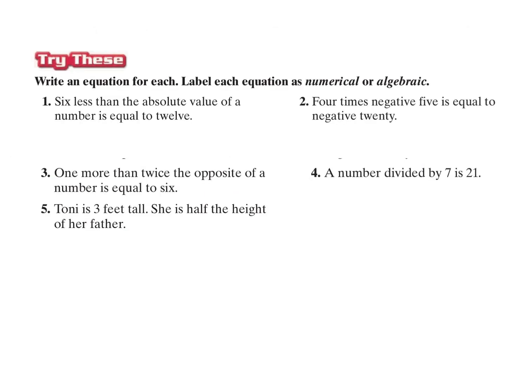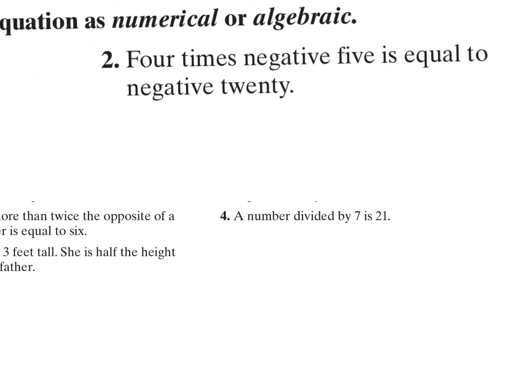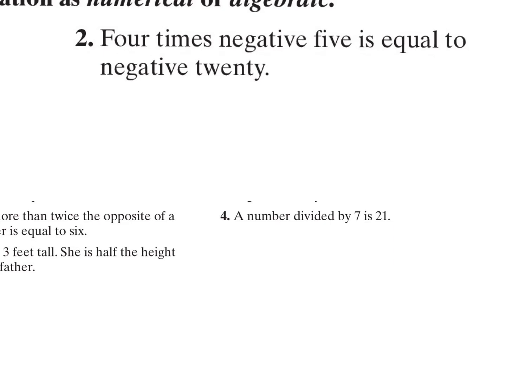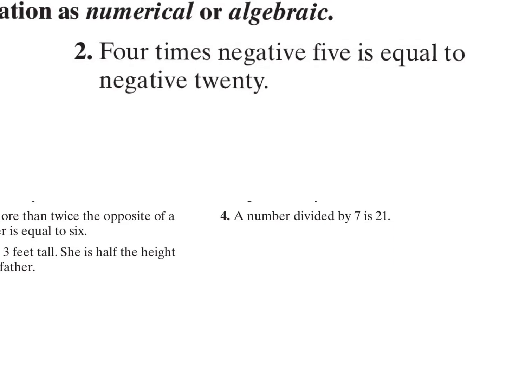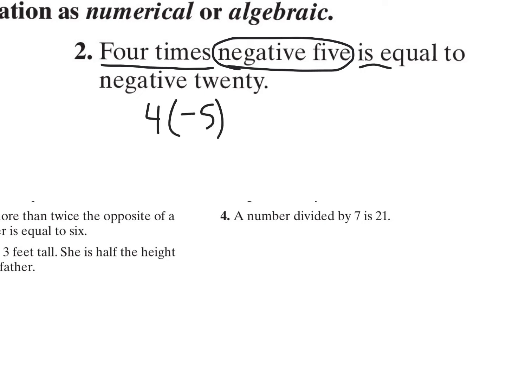So we'll just mention a couple things here just to make sure you guys are good with this. If we look at number 2, they want us to write an equation and tell whether it's numerical or algebraic. 4 times negative 5 is equal to negative 20.